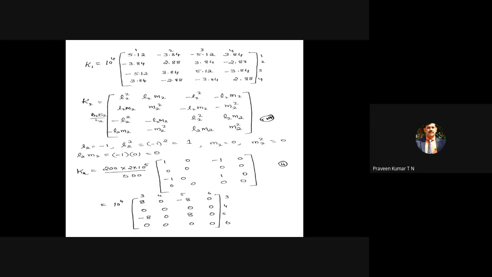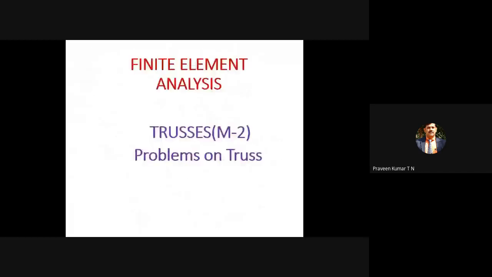And for element 1, the degrees of freedom are 1, 2, 3, 4. I'll show it once again. So this is element 1, the degrees of freedom are Q1, Q2, Q3, Q4. Hence, in the stiffness matrix table, you are writing 1, 2, 3, 4.